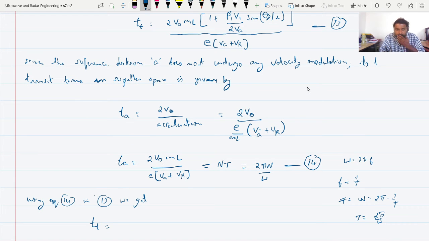TT is nothing but 2 V naught ml by E into VA.